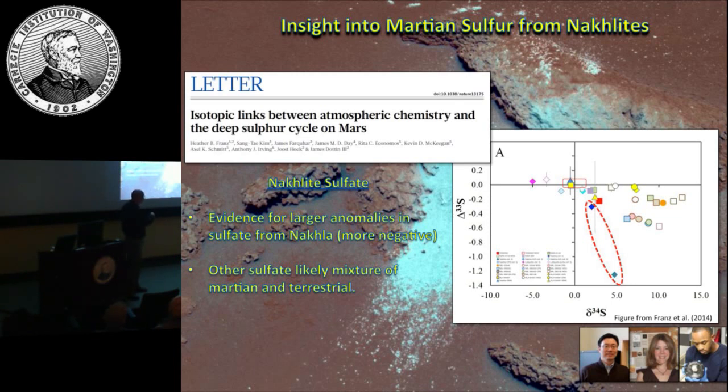These data here, which are also sulfates, are difficult to interpret because the Euro-terrestrial rocks sit on this line. The sulfides form here, and if you had any mixing between terrestrial sulfate and any weathering products, you would end up here. So these data, I think the most simple or parsimonious explanation is that they are affected by terrestrial alteration.